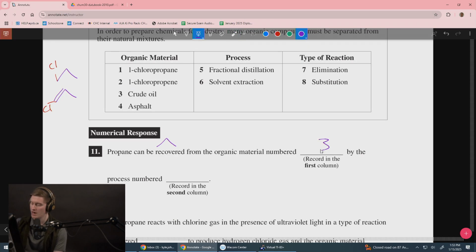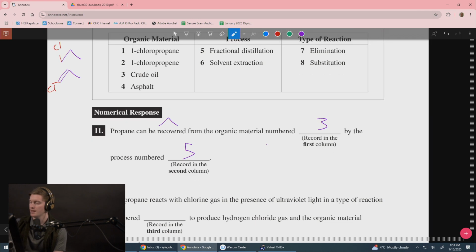So we're going to get our fuel hydrocarbons from crude oil by the process of fractional distillation. Propane has a very low boiling point, and so it will end up at the top of our fractionating tower where it's going to condense, and you can capture your light hydrocarbons.